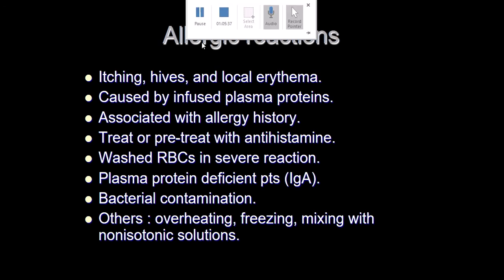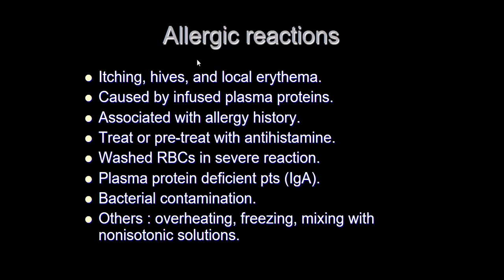Sometimes patients could develop an allergic type of reaction when they take a blood unit. They develop itching, for example, a flare type of reaction, local erythema sometimes, and usually it is caused by the infused plasma proteins.